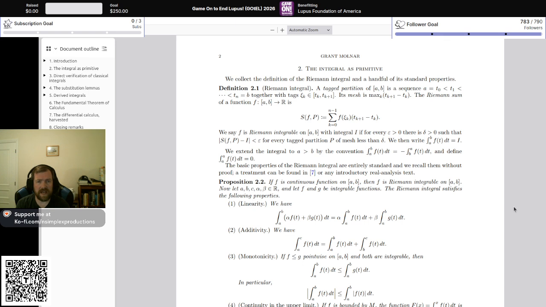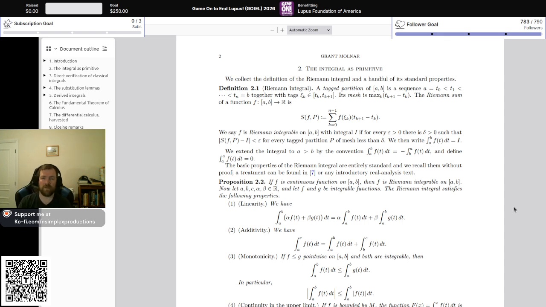So, a tagged partition of the interval from a to b is a sequence a equals t0, which is less than t1, which is less than t2, etc., up through tn, equals b.